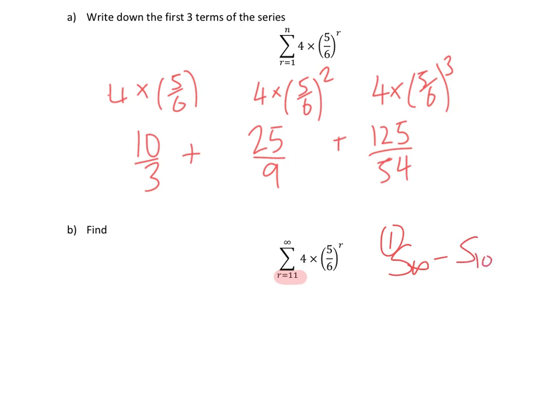I can use the formulas where a would be the first term. If I subbed in r was 1, we got 10 over 3, so I get 10 over 3 over 1 minus 5 over 6, take away 10 over 3 times (1 minus (5 over 6) to the power 10) divided by 1 minus 5 over 6. So I could use that.